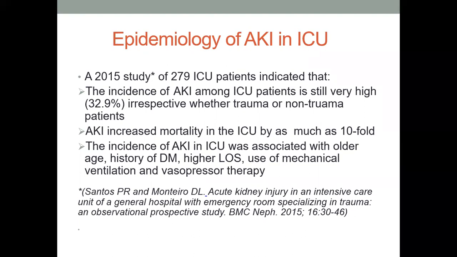The study noted that AKI in the ICU was more common with older age, history of diabetes mellitus, longer length of stay in the unit, and those patients on mechanical ventilation and vasopressor therapies are more prone to develop AKI in the ICU.